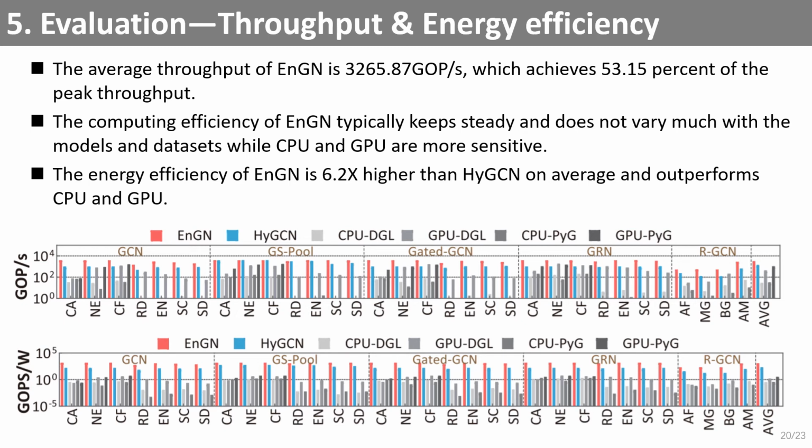The computing efficiency of EnGN typically keeps steady and does not vary much with the model and the dataset, while CPU and GPU are more sensitive. The energy efficiency of EnGN is 6.2 times higher than HyGCN on average and outperforms CPU and GPU.